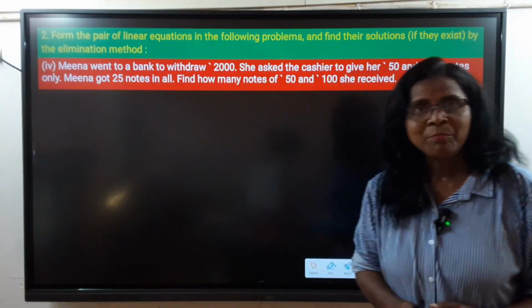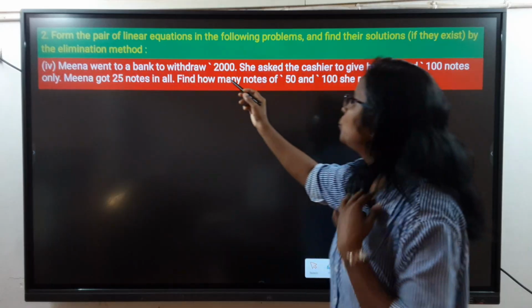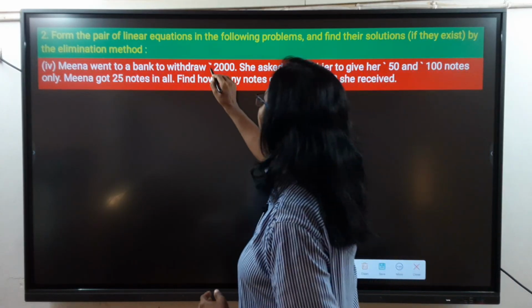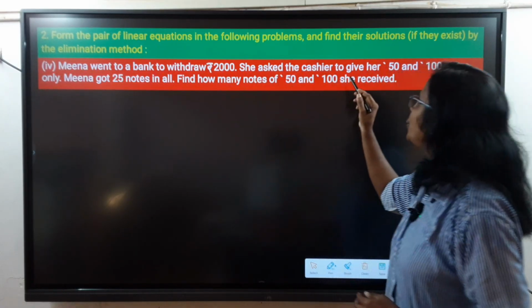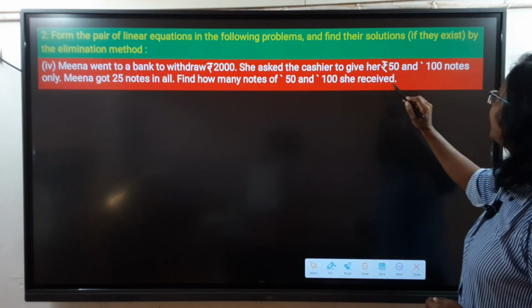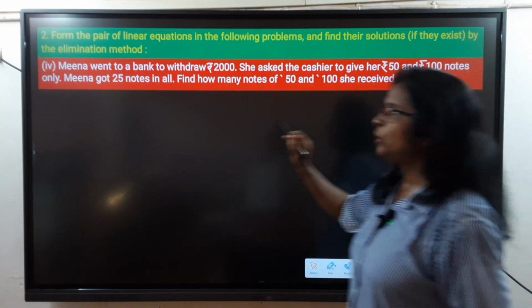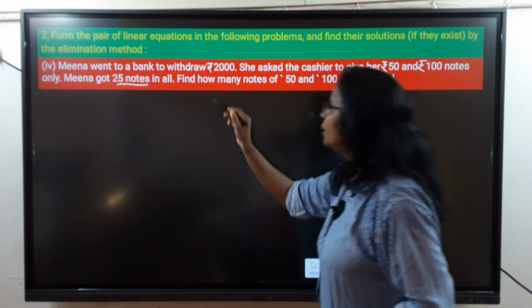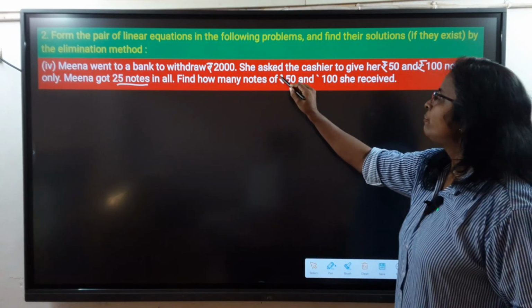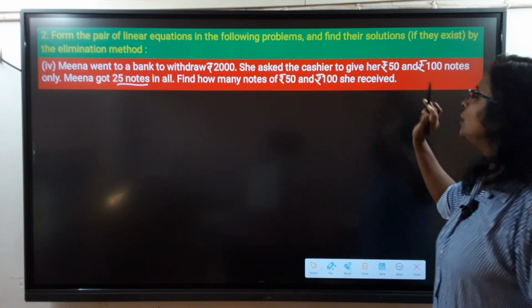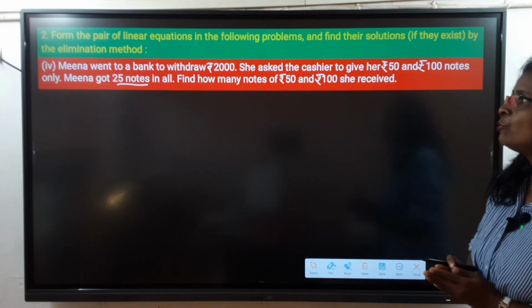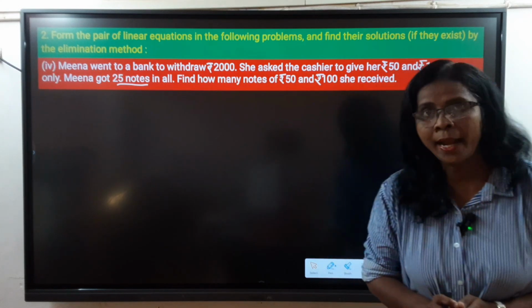Okay. Next example, students. Meena went to a bank to withdraw rupees 2000. She asked the cashier to give her rupees 50 and rupees 100 notes only. Meena got 25 notes in all, and find how many notes of rupees 50 and rupees 100 she receives. So now here we have to find out the notes of rupees 50 and rupees 100.